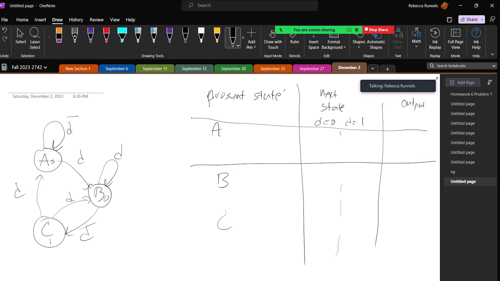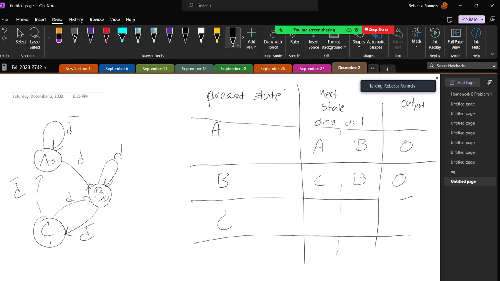So I have A, B, and C. And from A, if my input is 0, I went back to A. If my input was 1, I went to B, and my output was 0. From B, if my input was 0, I went to C, and if my input was 1, I went back to B, and my output was 0. For C, if my input was 0, I went to A. If my input was 1, I went to B, and my output was 1.